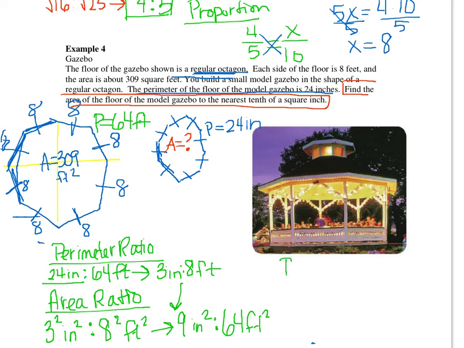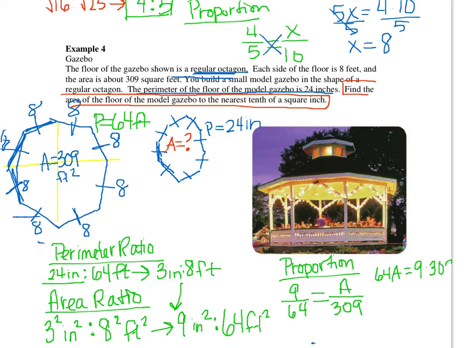So now that I've found my ratio, I can write and solve a proportion to find the area of my model. So I can say 9 to 64 equals the area that I don't know, so I'll just put an A, to 309. And if you cross multiply that, you'll get 64A equals 9 times 309.